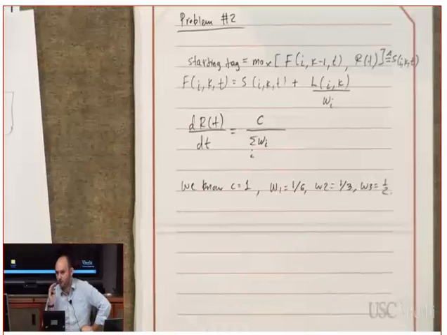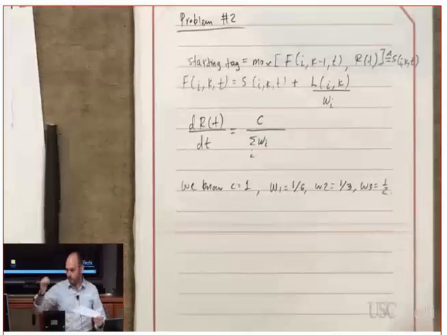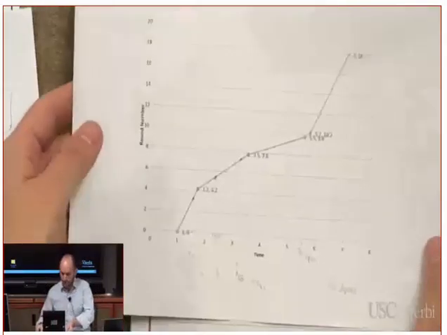What happens to the first finish time? F1 at time t will be what? The maximum of this guy that is not defined, which is 0, comma, how much is this?